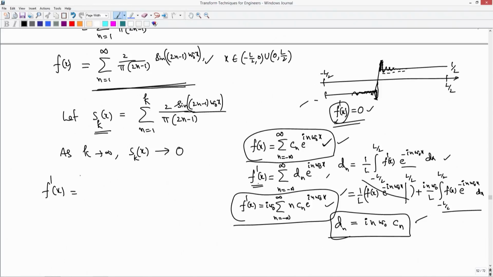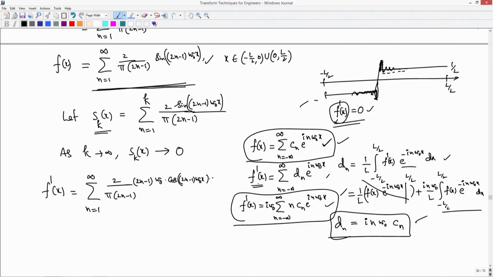So I'll just derive it here. In that sense, for the given piecewise function in our example, we can simply differentiate both sides. I consider f'(x), and now the Fourier series I can simply differentiate term by term. So n is from 1 to infinity, 2 divided by π times (2n minus 1), and this becomes cos(2n minus 1) ω0 x.